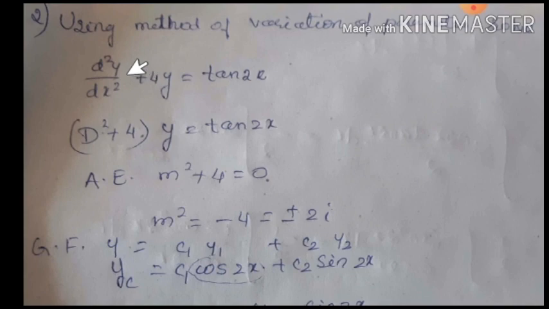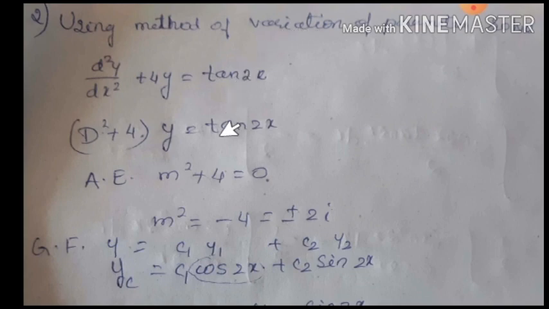If the order is more than 2, like order 3 or 4, it is very difficult to solve with variation of parameters. But in most engineering problems we come across second order equations, and if we come across any function other than those standard functions on the right hand side, we can apply the variation of parameter method.